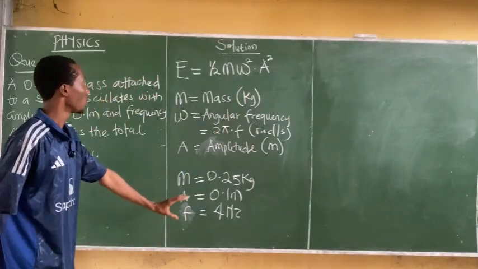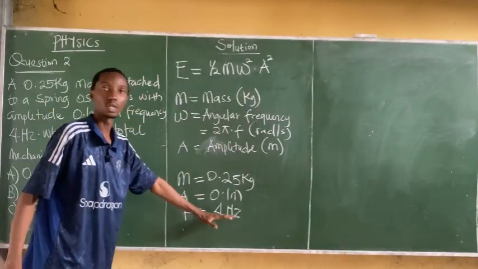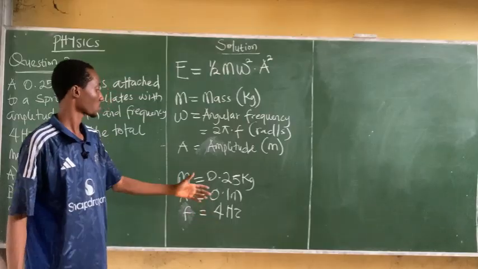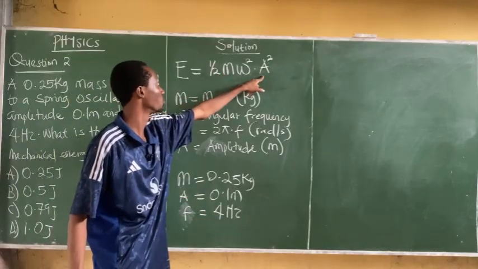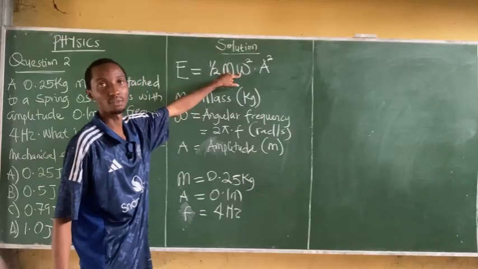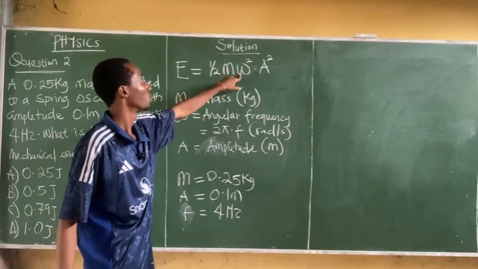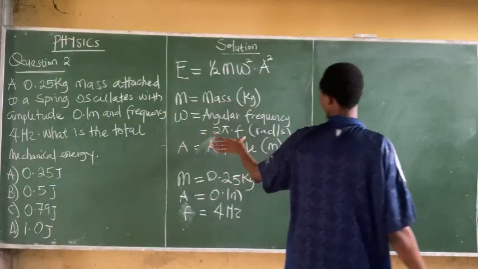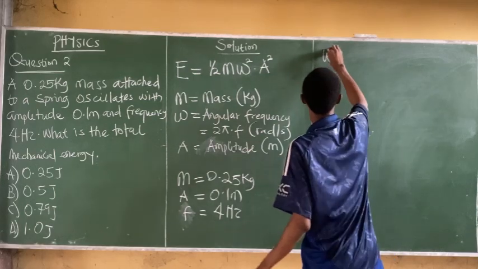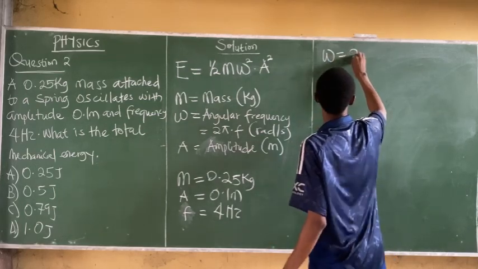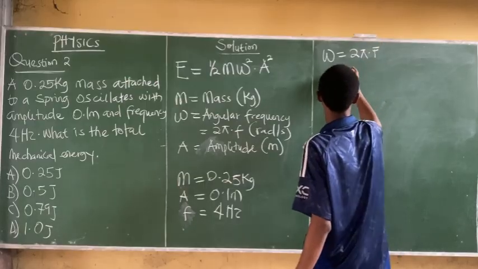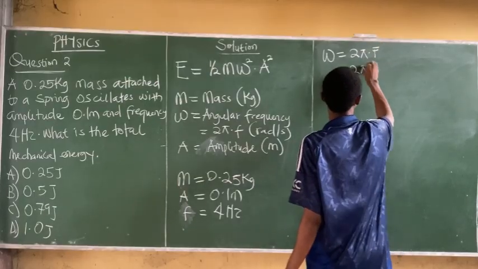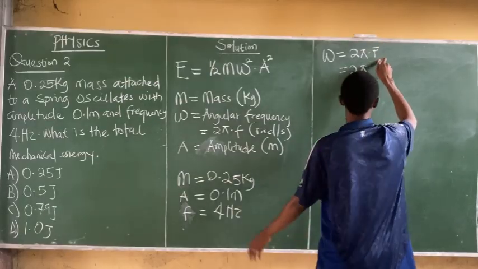Now, this was what we were given in the question. We have mass, we have amplitude, but we were not given what? Angular frequency. But they gave us the formula for angular frequency, omega is equal to 2 pi f. We have 2 pi, f was given to us as 4 Hz.